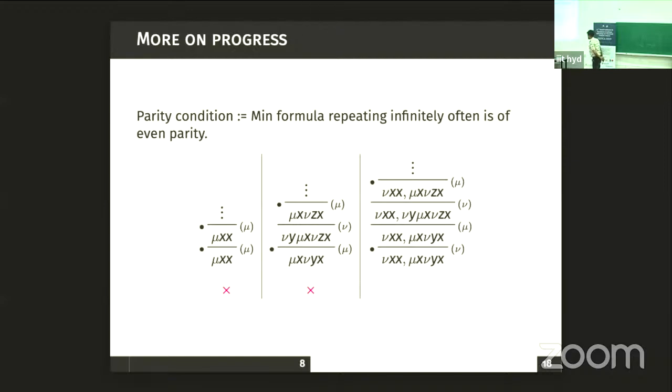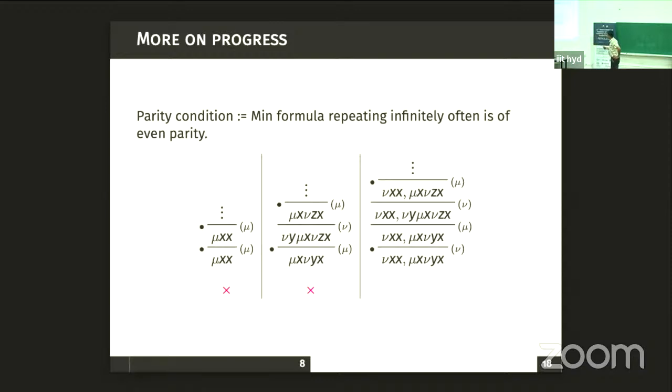Oh, okay, I already gave the answer. In this one, nu does occur infinitely often, right? So it follows like this: mu, nu, mu, nu. You have the same formula here. So you keep doing this, but it is not the smallest formula occurring infinitely often, and so the smallest formula occurring infinitely often is odd.